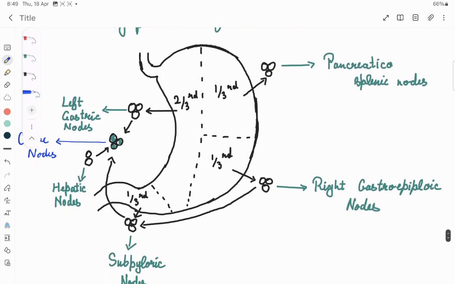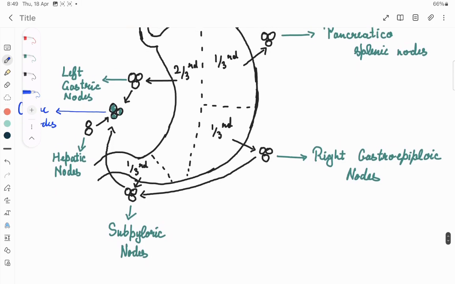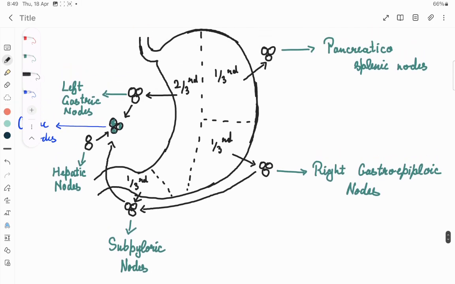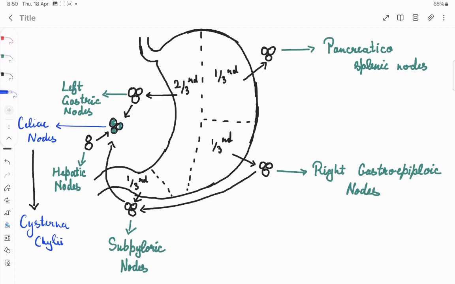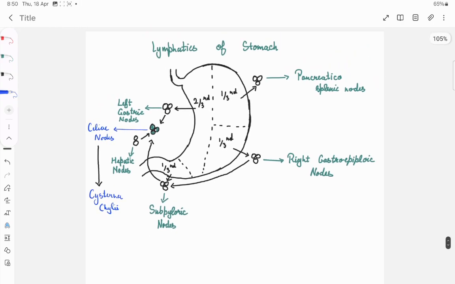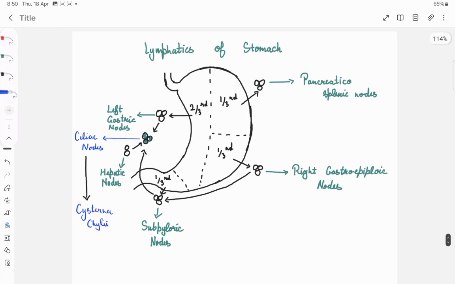And from the celiac nodes, this lymph flows to the cisterna chyli. So this completes the lymphatics of the stomach.